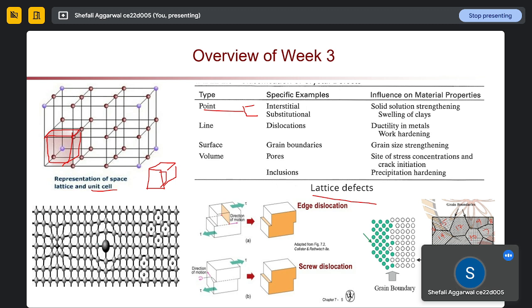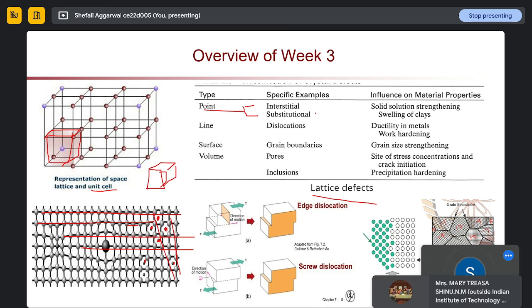If we see one lattice going on fully, and there are small atoms which occupy the space between these atoms, that is called an interstitial point defect. However, when one of these atoms is displaced by an atom of another material, it is called a substitutional point defect. Any example you guys remember of these types of defects?